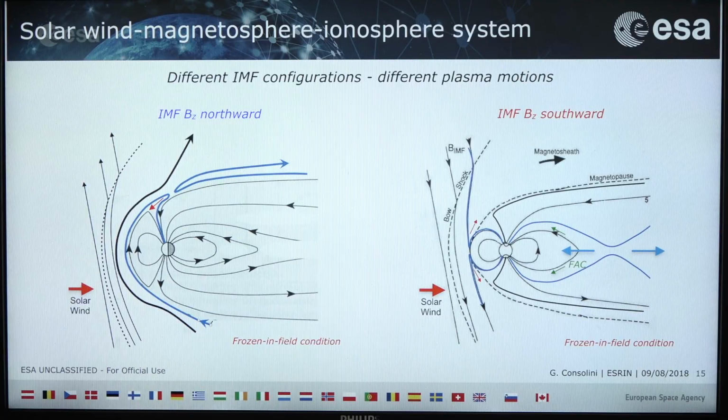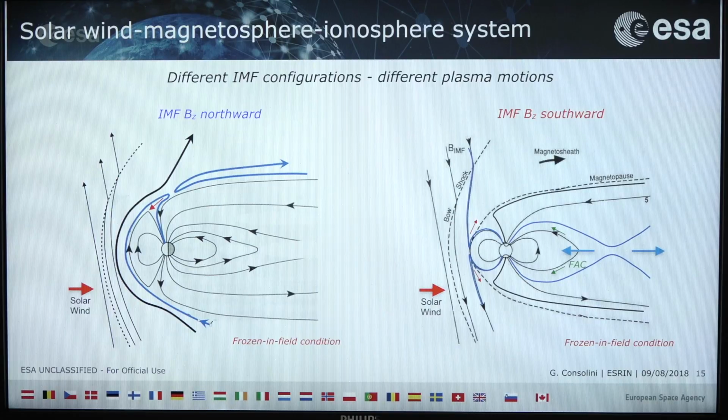Conversely, when we have a southward component, it is possible to have a merging between the external interplanetary magnetic field and the Earth's magnetic field inside the magnetosphere. So in this situation, the plasma can flow inside and be transported to the tail region, or directly connected to the high latitude regions, and then come back from the tail to the ionosphere.